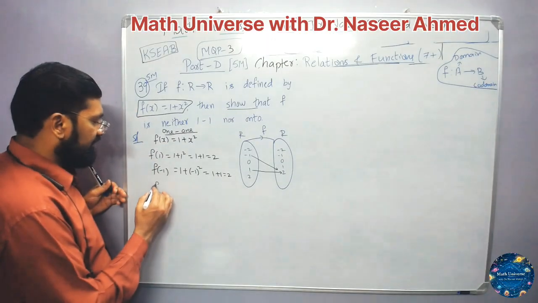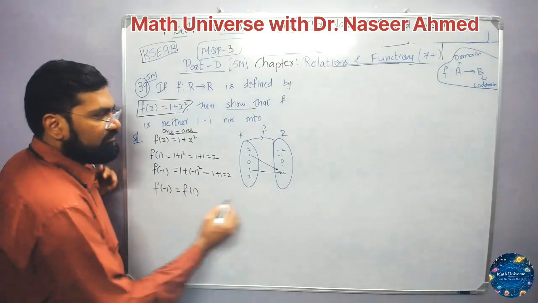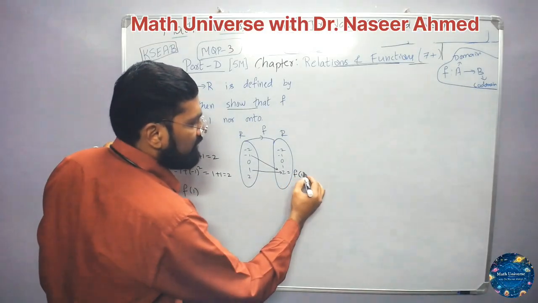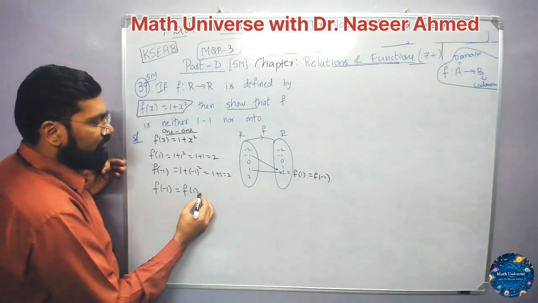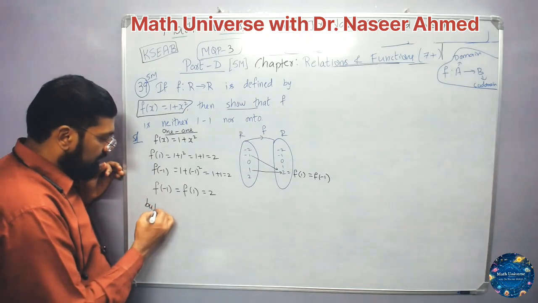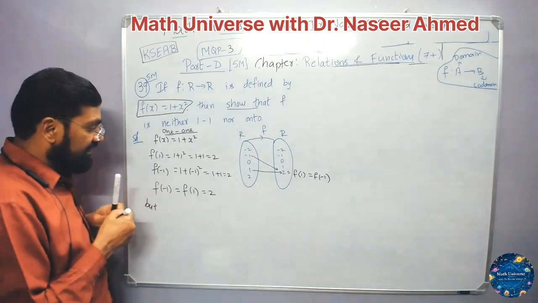So I can just write f of minus 1 is equal to f of 1. Don't forget, this is f of 1 as well as f of minus 1. Correct now? So both are mapping to which number? 2. So here images are equal. What about the pre-image? See carefully.